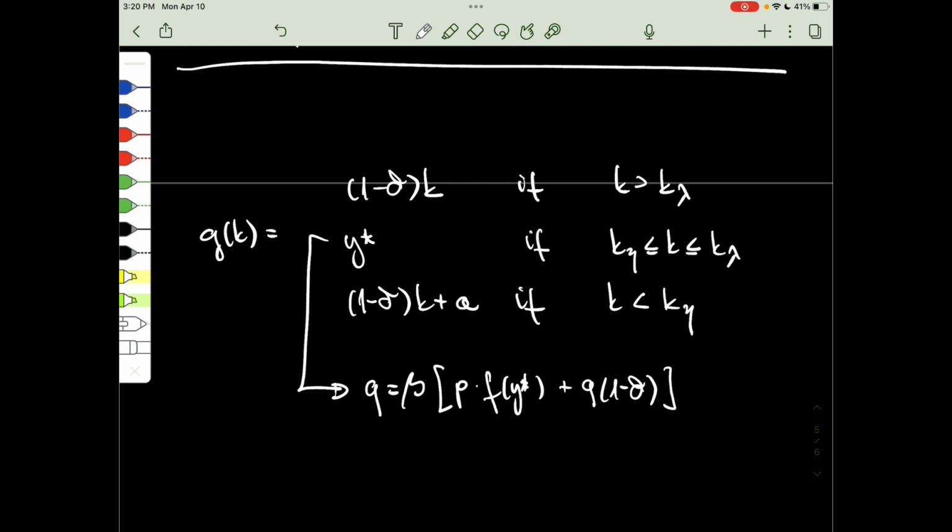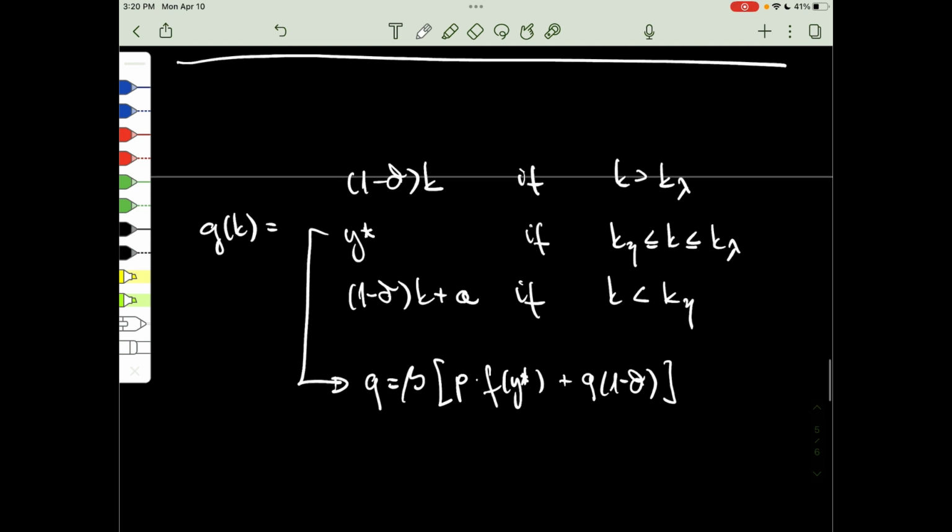Okay, so we have a complete description of the policy function under the assumption of boundaries with respect to the feasible choices.